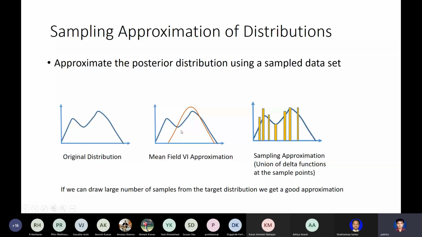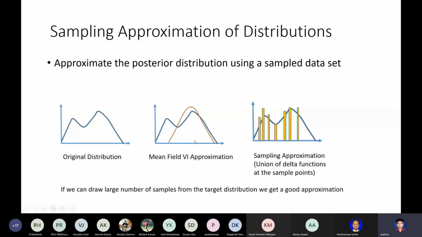Since it minimizes the KL divergence, it focuses on the high probability region of the original distribution, that is, near the mode values, the dominating mode of the original distribution. So you will get something like this. If you are only interested in the high probability regions, this is a good approximation, but if you are also interested in the low probability regions, then maybe this is not a good approximation.